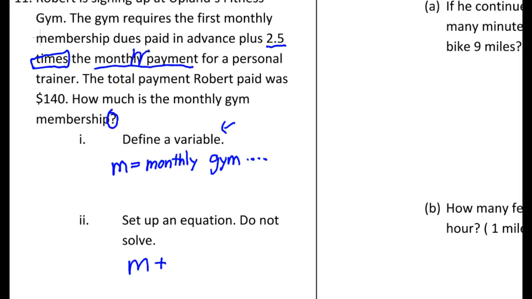This is M. They might say the same thing in a different way. Here they're asking what's the monthly gym membership, here it says what's the monthly payment. Those are the exact same thing. So 2.5 times M, 2.5M. And we know this all adds up to $140.